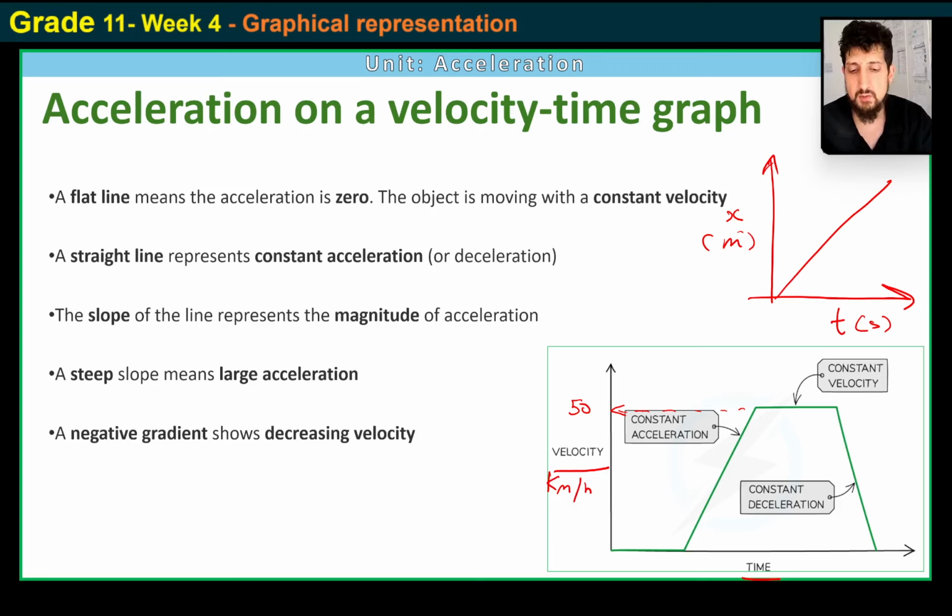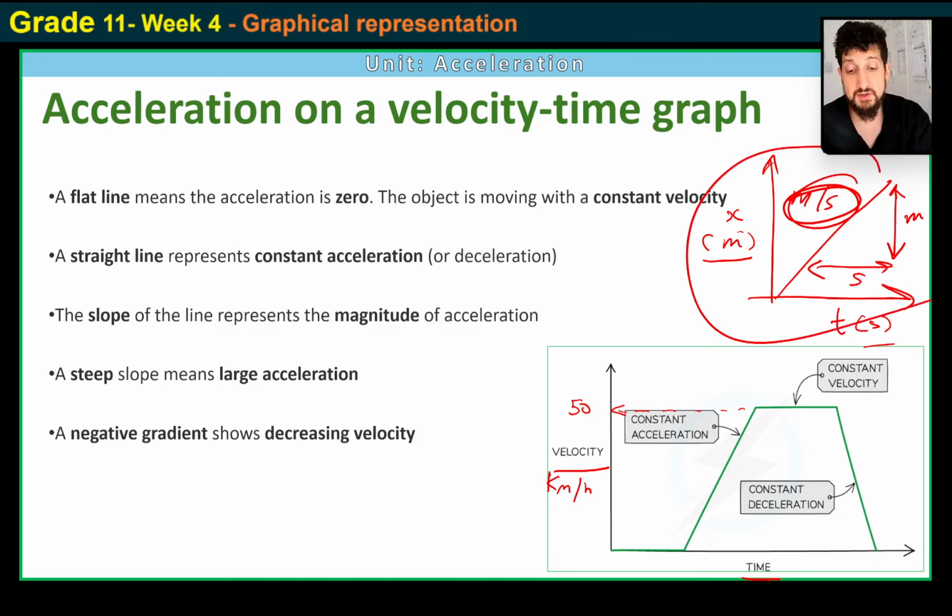And how do I know that? Well, this is meters, this is seconds, meters per second. Rise over run. It's y2 minus y1 over x2 minus x1, rise over run. So it's going to be meters in this case, and it's going to be per second here. Meters per second, what is that? Meters per second is speed. So the gradient for this represents speed.